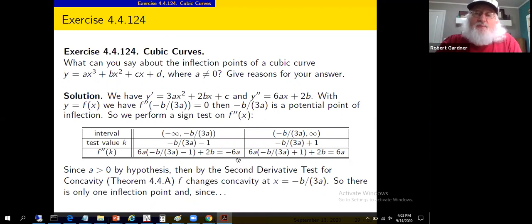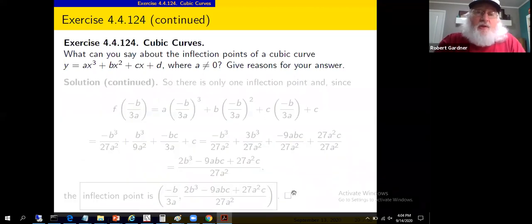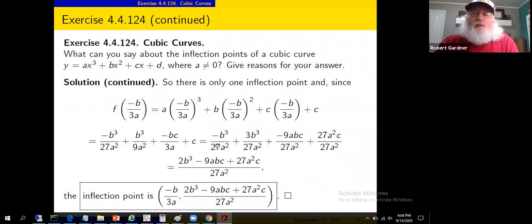I need to know if it's positive, in which case we've got concave down here because a is positive and concave up here because a is positive, or the other way around when a is negative. But I do know it changes concavity. You don't tell me much information. I'll do what I can with what you've told me. So there's only one inflection point.